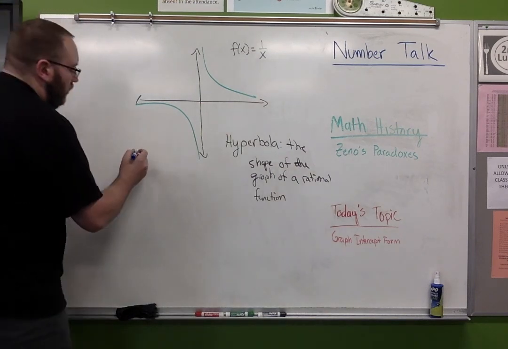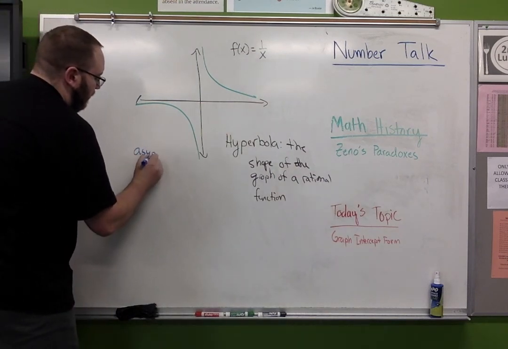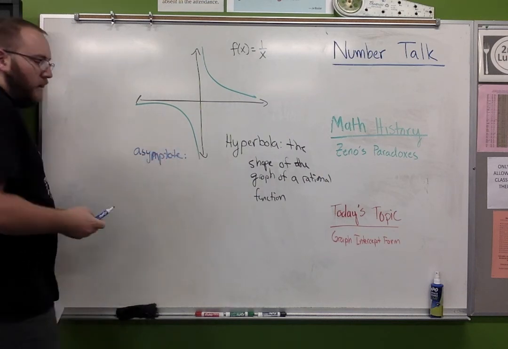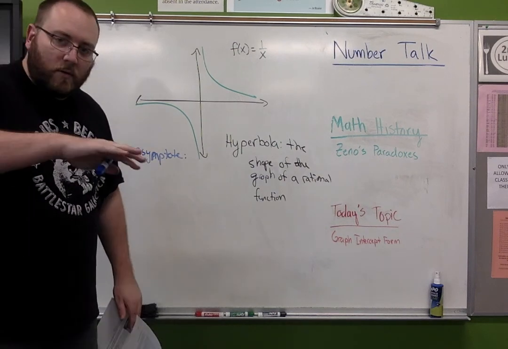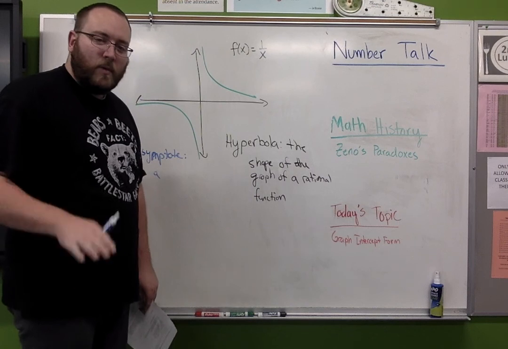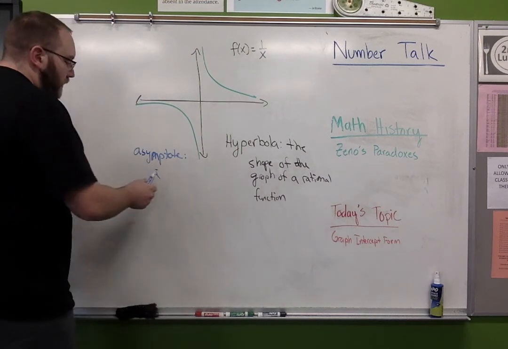Remember, an asymptote is a line. It can be a vertical line or a horizontal line. It can also just be a slanted line, but we're not going to talk about those this year. We don't have time.